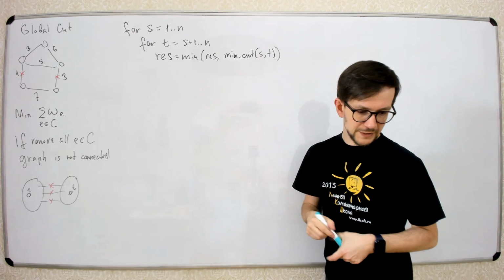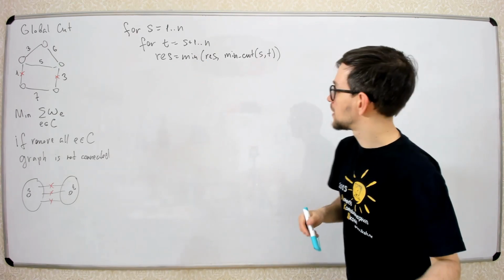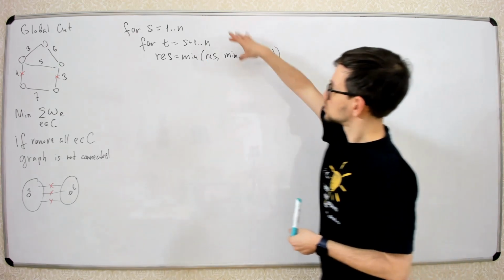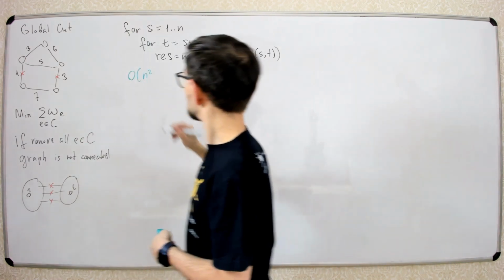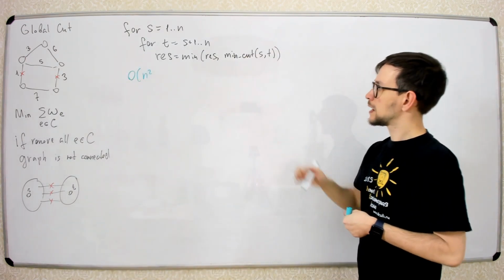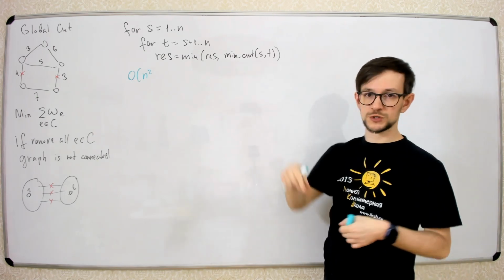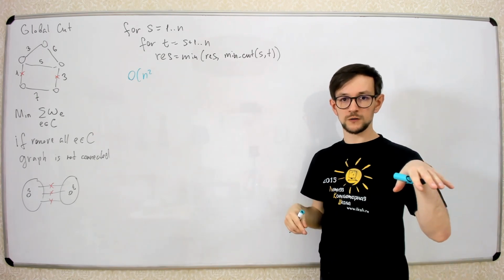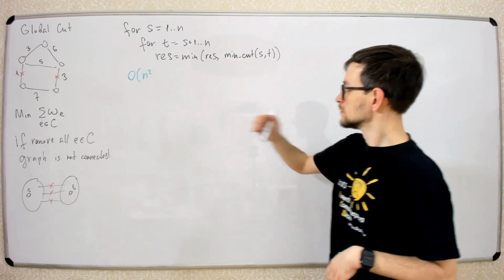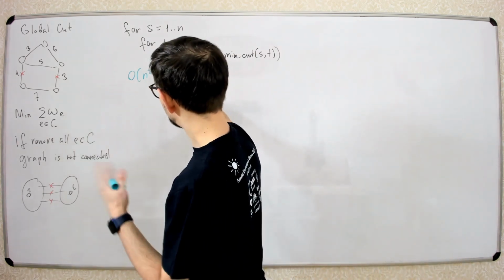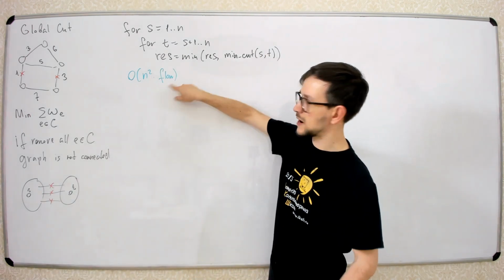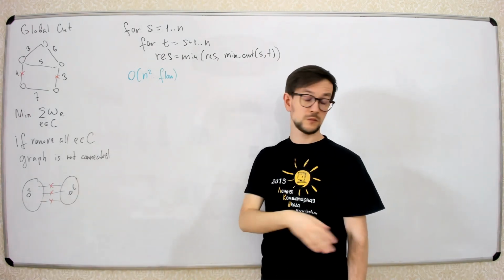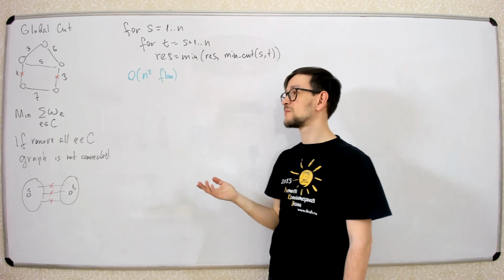So what will be the time complexity here? We have these two loops. These two loops work in n squared iterations, and here we just use the maximal flow algorithm to find this minimal cut, so multiplied by the time of the flow algorithm. We discussed many different maximal flow algorithms.